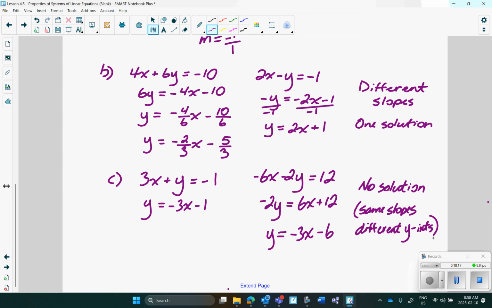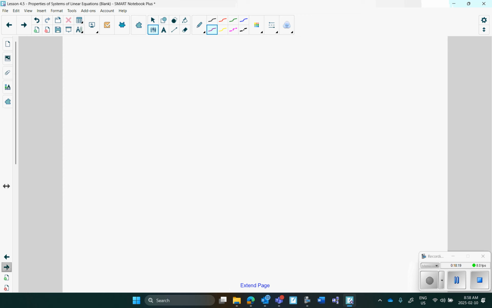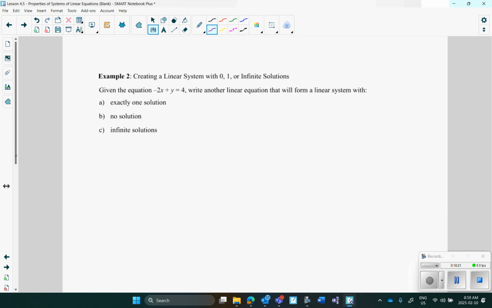Okay, the last example. We're given one equation in the system. We're asked to write another equation so that the system will have just one solution, no solution, or infinite solutions. What do I have to do to this first?